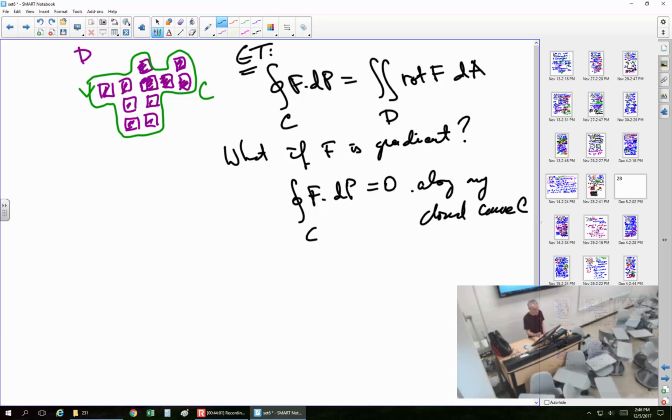Okay, so in other words, and we know what it means. What's the other way to put it? The closed curve integral is zero. What's another way to put it? F is path independent.